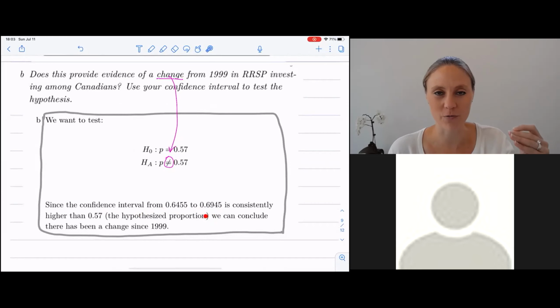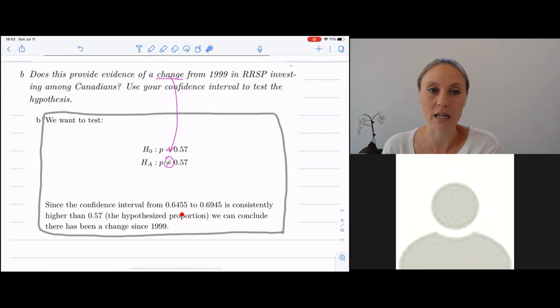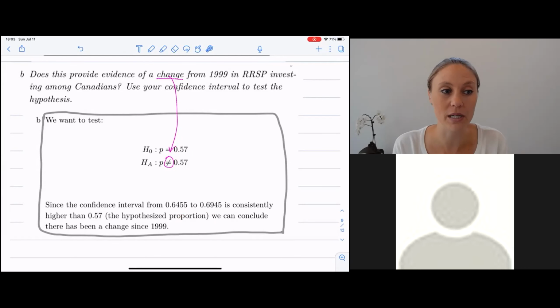And if we wanted to follow it up with, and it looks like the proportion has increased since then, we could say that. But you don't want to over answer a question because there's always a chance that you'll step in it. So I would just leave it here, but it looks like it's increased, right?